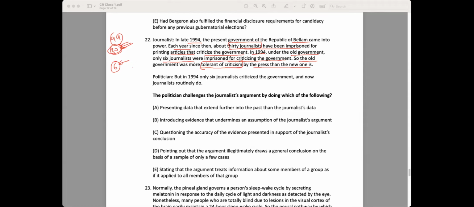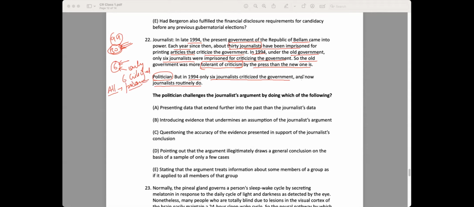That's our argument. Okay. The politician says, but in 94, only 6 journalists criticized the government, and now journalists routinely do. So the politician is saying, in the year when 6 were sent to prison, only 6 criticized. That means all those who criticized were sent to prison.